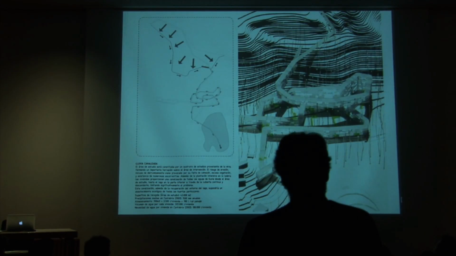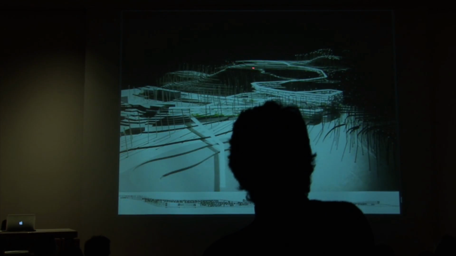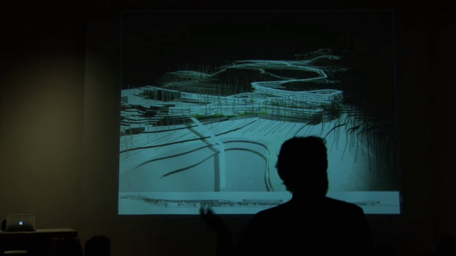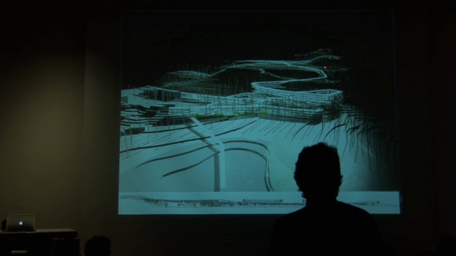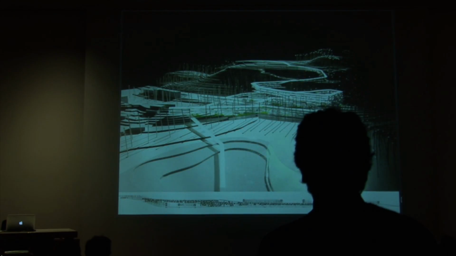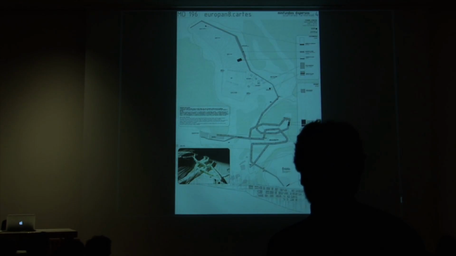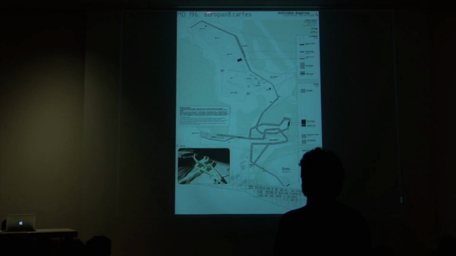So what we did was to build a channel that would collect all the water on top of this mountain that was artificial, that was full of the material of the open air mine. So to avoid the water running off the hill, we collect it up there, and then we brought it down to this lake down here. So this becomes an upper part.